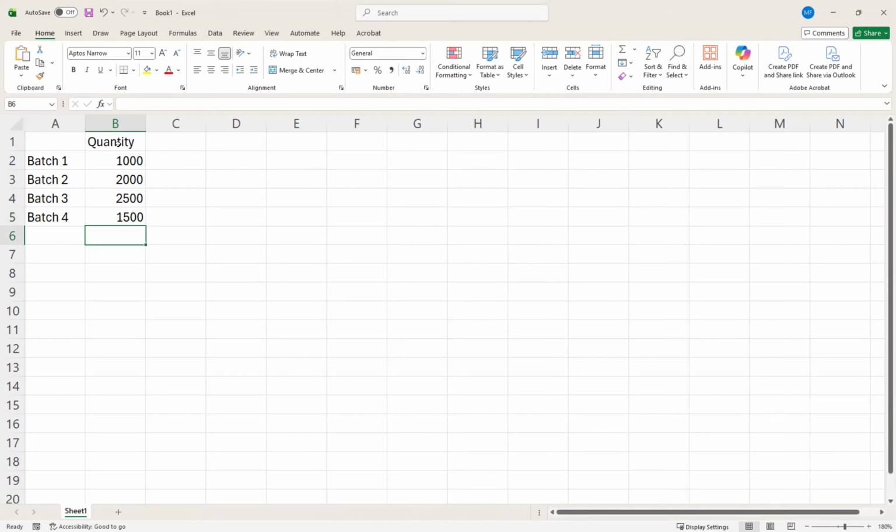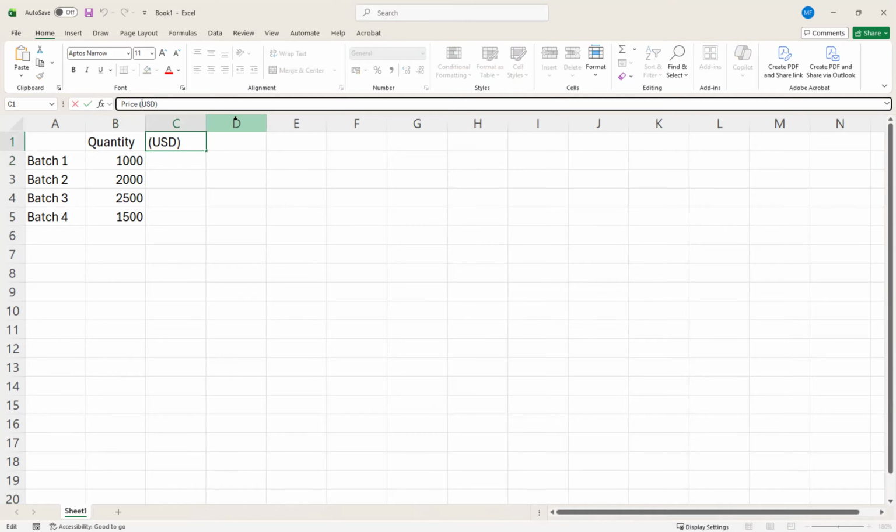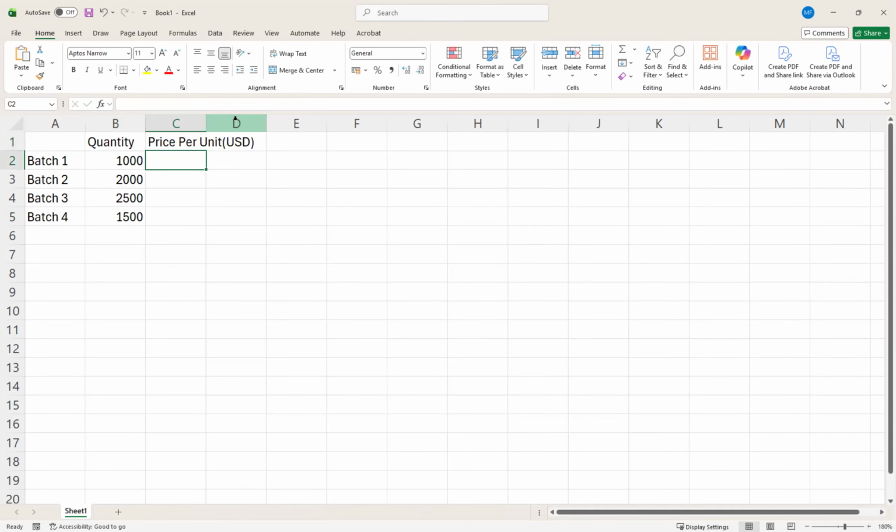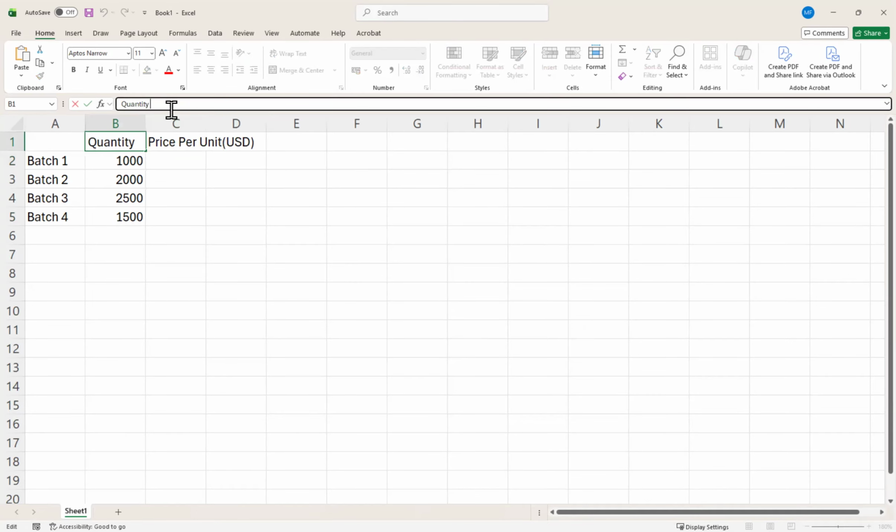Then, of course, the price will be different. And assume that I'm having this in USD. So price in dollars, let's say for the first batch, per unit, price per unit. When I say quantity, I refer to number of units.